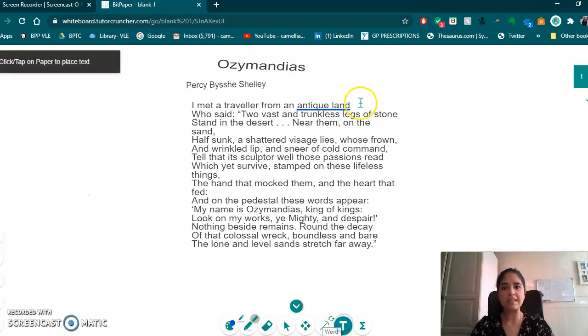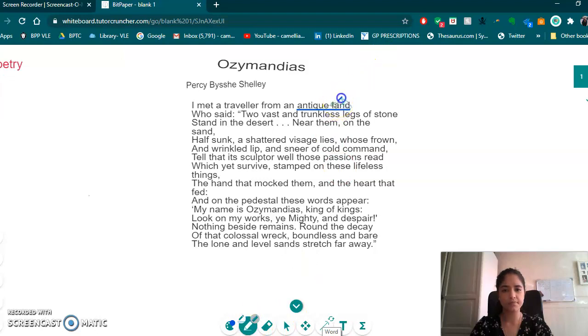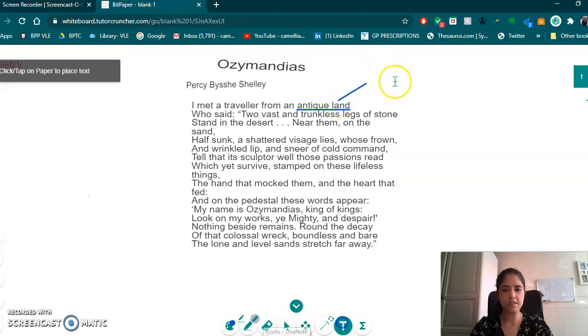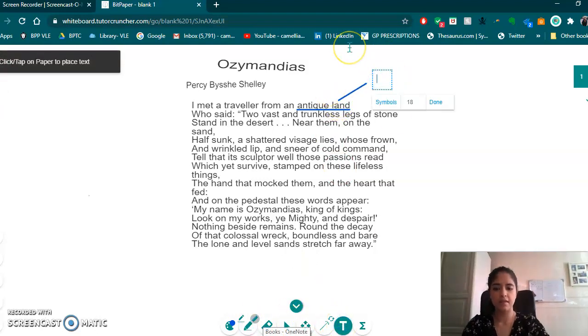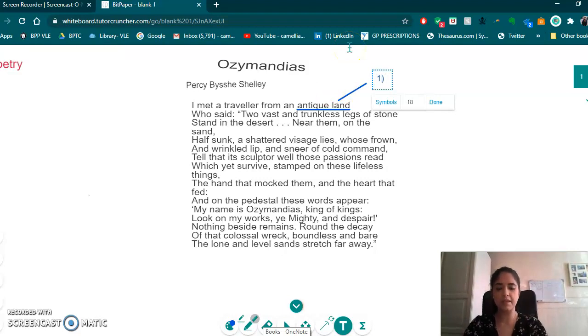So what does antique land mean? Well, it could mean a number of things. First, the first meaning could be that the land is old and steeped in history. And one thing that English markers and English teachers absolutely love is for students to find an alternative meaning, which is when one phrase or one word has one meaning, but if you look a bit deeper, there's another subliminal meaning.